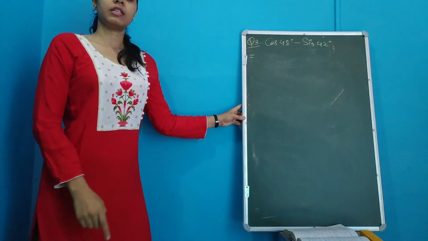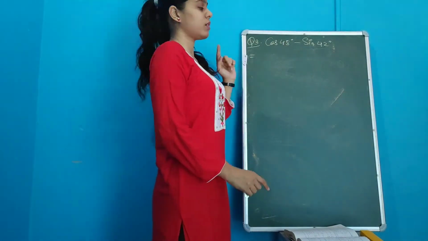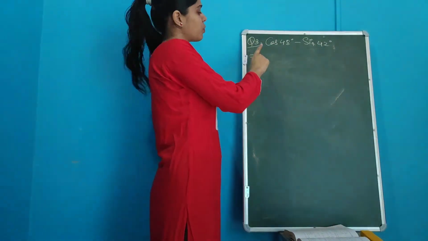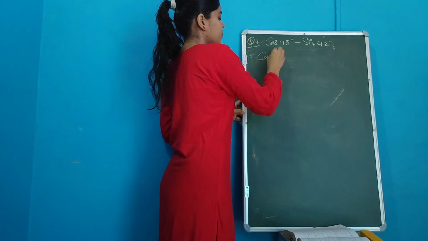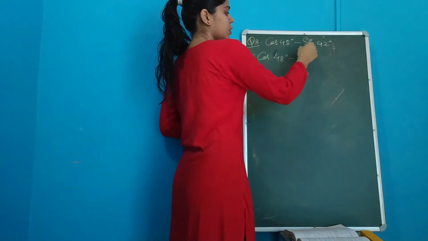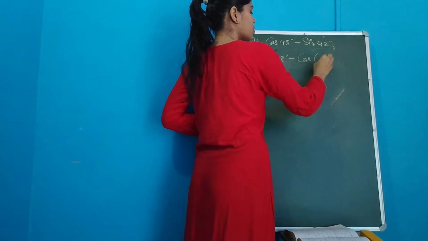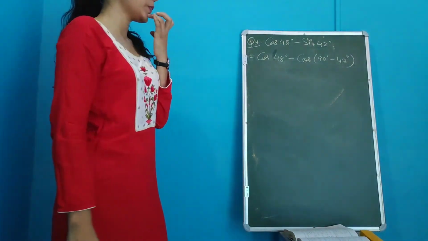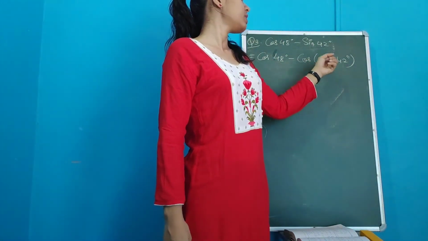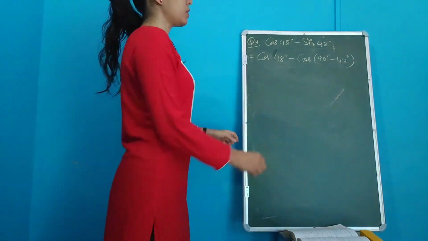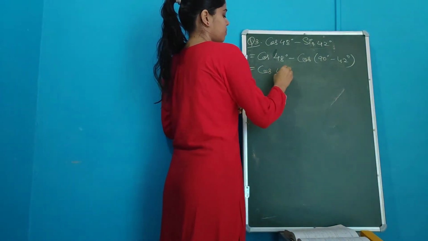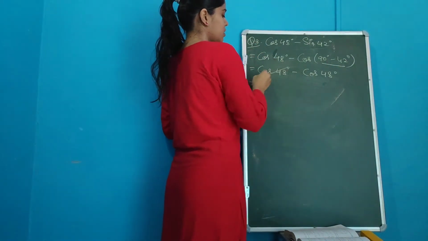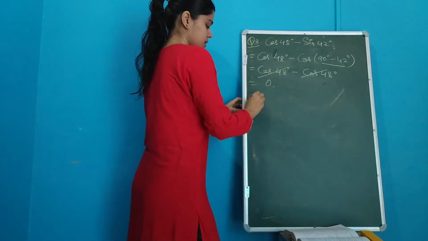So in cos of 48 degrees and sine 42, we will convert either one of the two. Cos of 48, I am keeping it the same, and converting sine into cos, so cos of 90 minus 42 degrees. Cos of 90 minus theta becomes sin theta. Now cos of 90 minus 42 becomes cos of 48 degrees, so it gets cancelled and the result is 0.